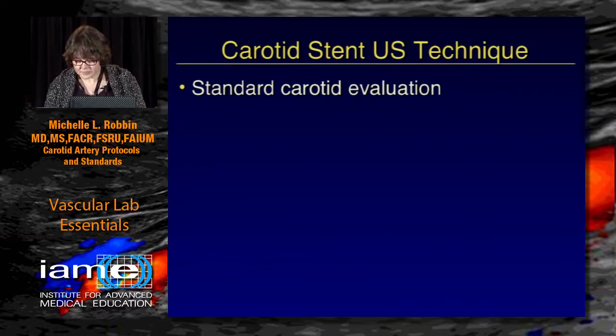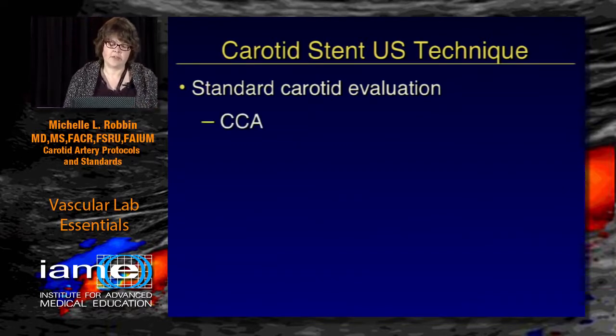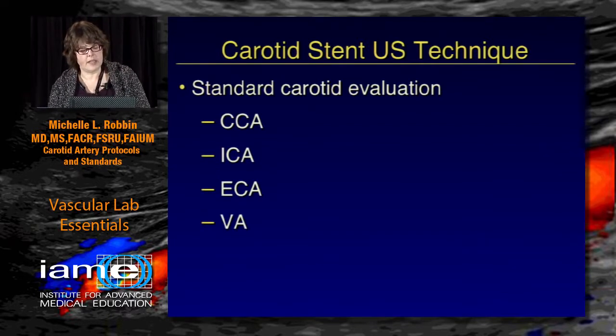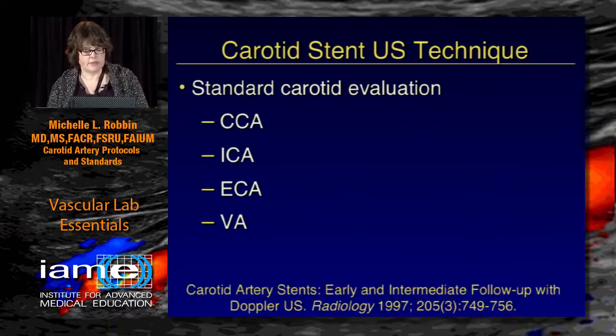What we came up with was that it should just be a standard carotid evaluation, but we've added a few things. So basically standard plus a few things. You need to look at the CCA, the ICA, the ECA, and the vertebral artery, just like usual.